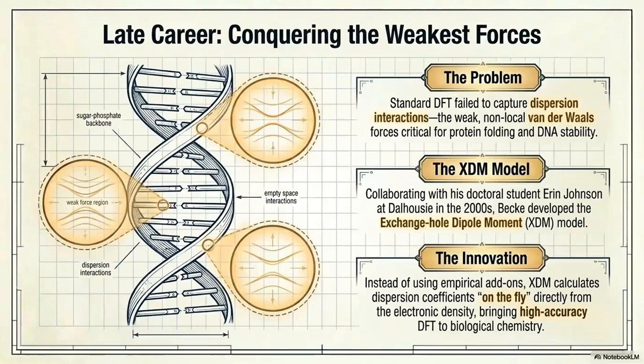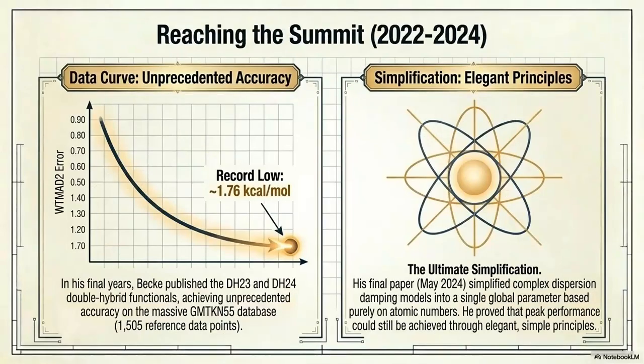In the final movement of a legendary career, we witness Axel Becke reaching the theoretical summit between 2022 and 2024. With the publication of the DH23 and DH24 double hybrid functionals, he achieved a record-shattering accuracy of 1.76 kilocalories per mole, validated against a massive database of over 1,500 reference points.